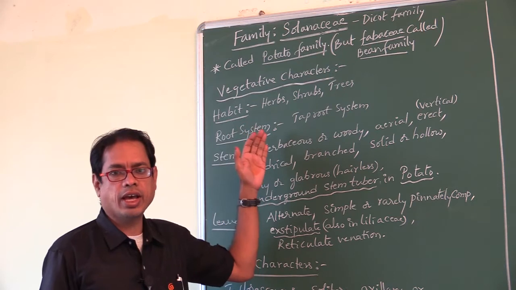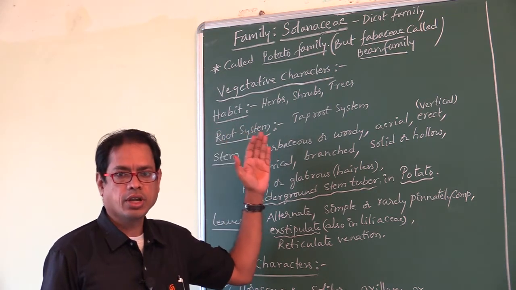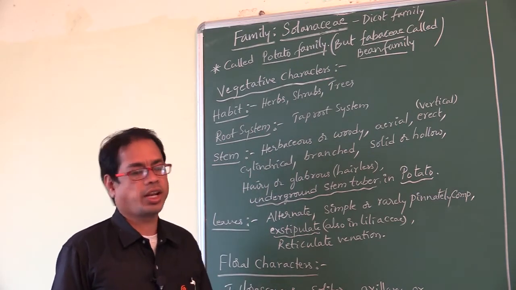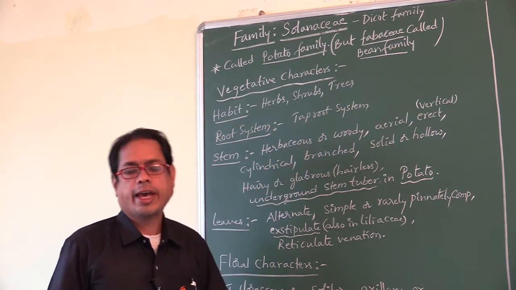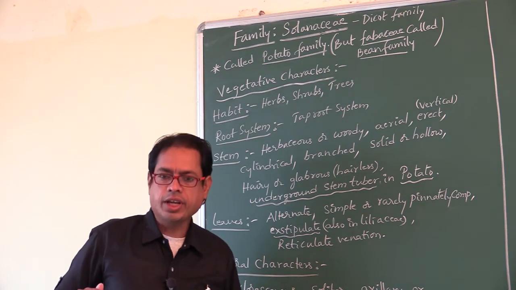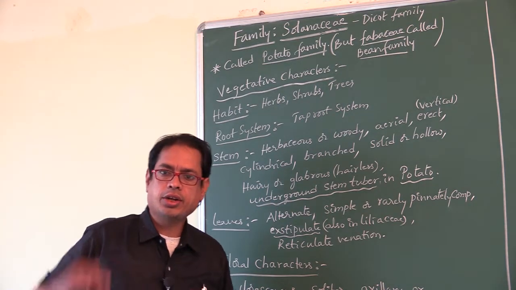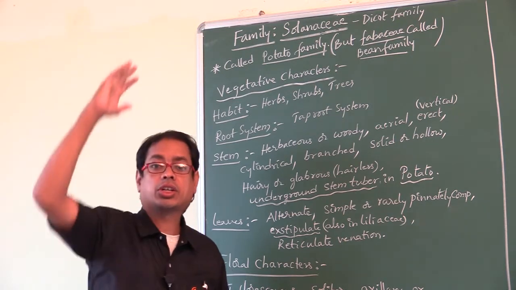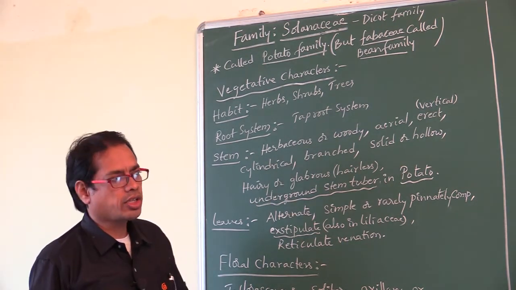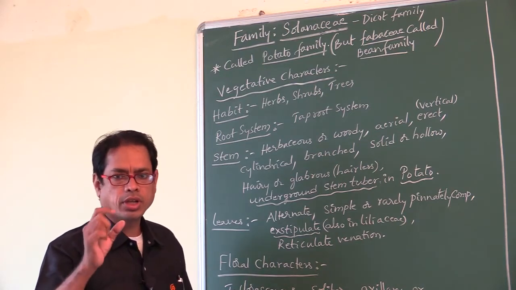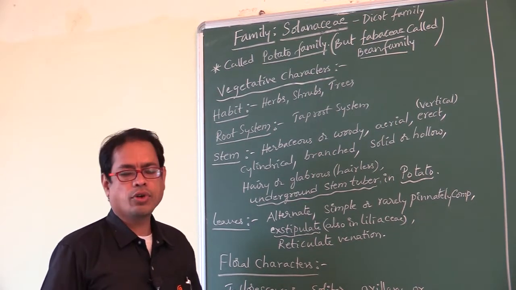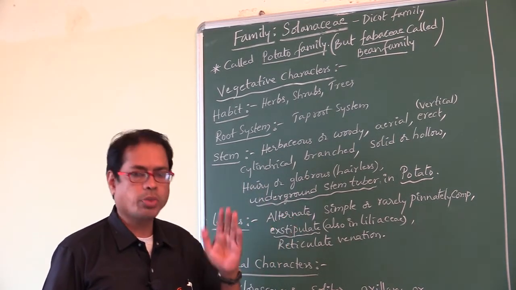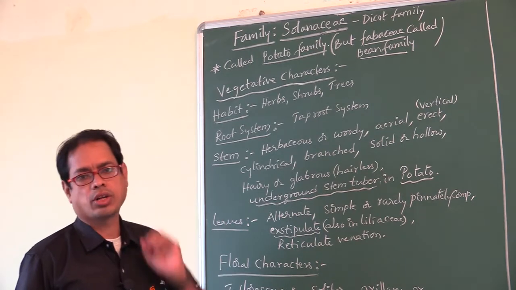These plants live as herbs, shrubs and rarely trees. Herbs are 1 to 3 feet, shrubs 3 to 6 feet, and trees more than 6 feet. Of course, these plants live in tropical, subtropical, and temperate regions also.